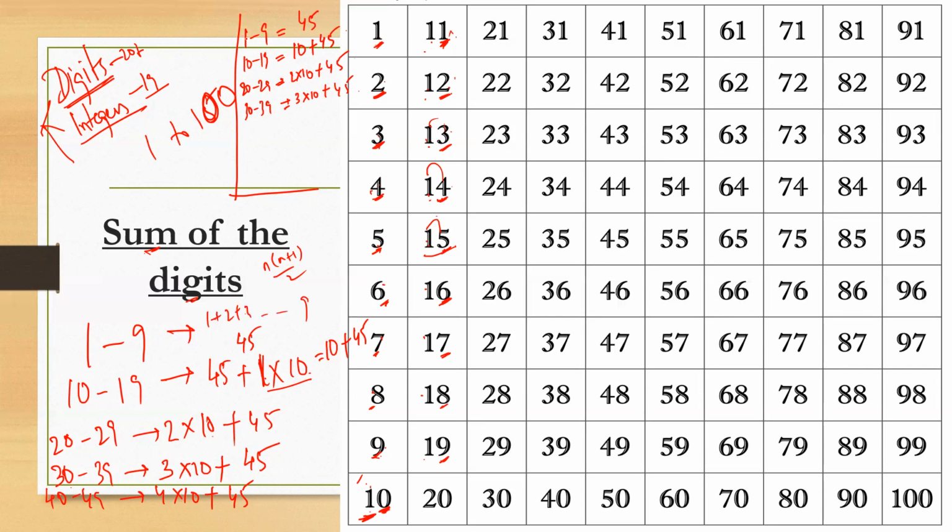Here, if we go from 1 to 39, if we sum up all the digits that are there, what will be the sum? It will be 45 plus 55 plus 65 plus 75. That will be the sum of digits. Are you getting this?